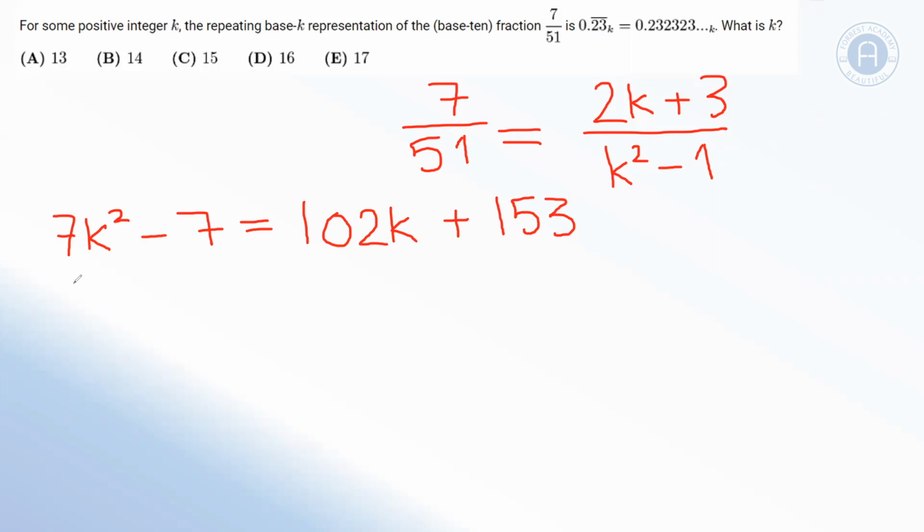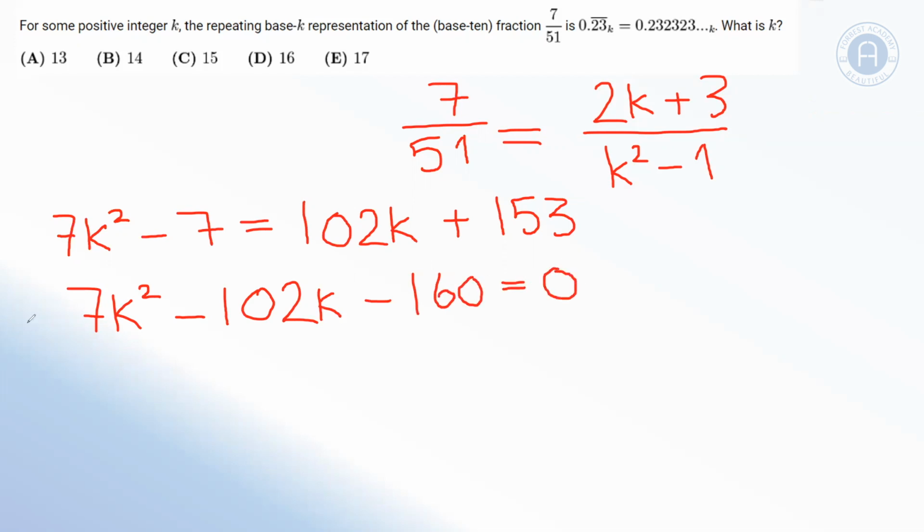It's a quadratic, so to solve this, we need to set it equal to 0: 7k squared minus 102k minus 160 is equal to 0. We can use the quadratic formula here, or we can factorize, so I'm going to look to factorize. We know 7 is a prime number, so we must have 7k and k as the first terms in either bracket.